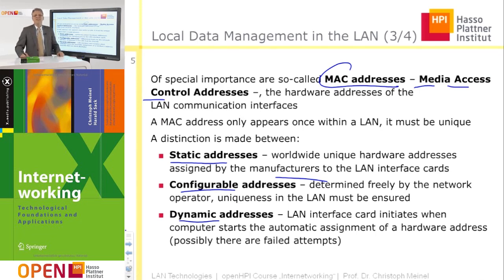Since this hardware address needs to be unique, it is possible that in this automatic strategy for assigning such an address, there may be failures, so that perhaps a second or a third try is necessary for a host to get a valid dynamic address.